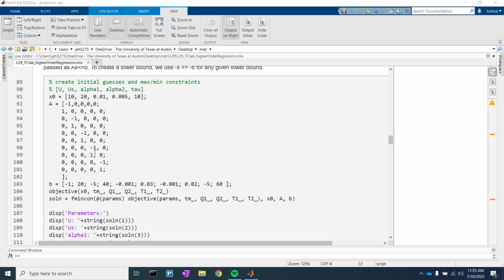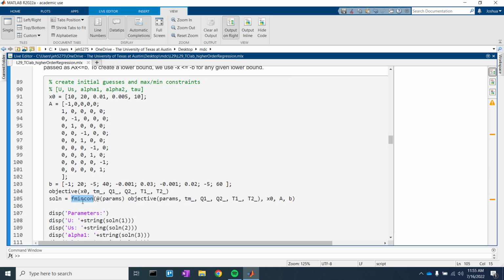Again, we're using fmin here, which is constrained minimization of our objective function. Because the inequality constraints are of the form Ax is less than b, for our lower bounds we'll do a -1, and then what the lower bound is, and negative as well. And then for the upper bound, we'll just do 1 is less than or equal to what the upper bound is.